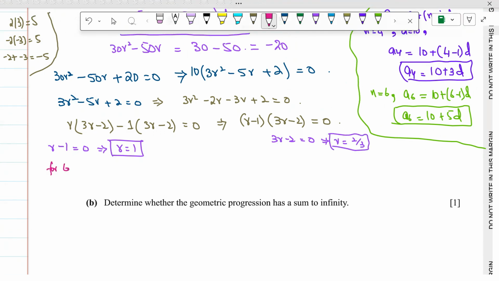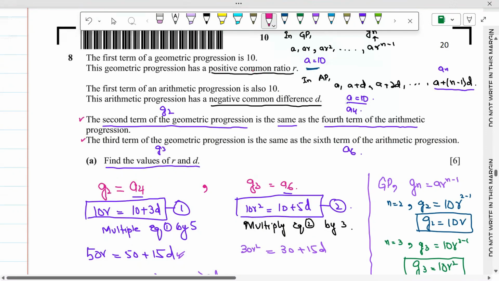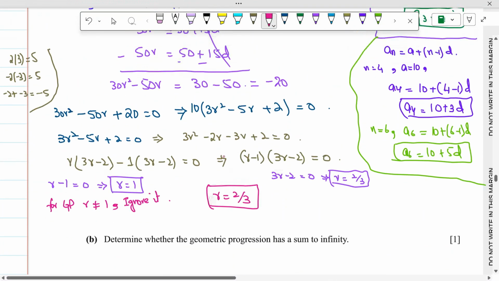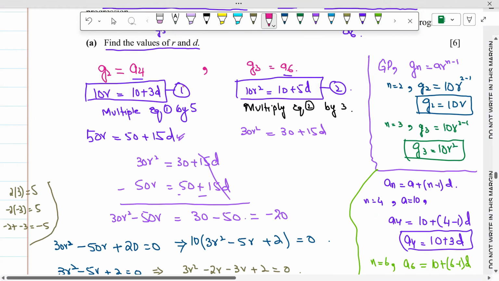For geometric progression, r cannot be 1, so we will ignore it. So we will use r is equal to 2 over 3, which is also positive. Now plug this value of r in equation 1.